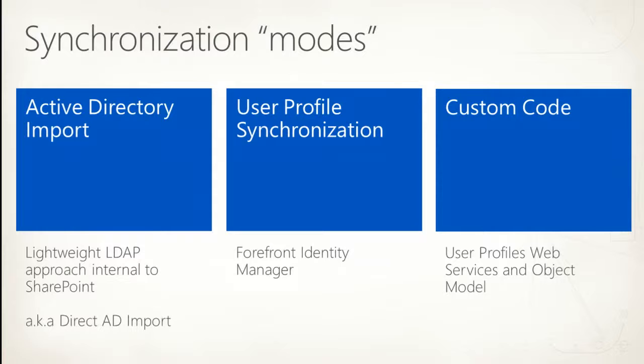So we've made some improvements in the programmatic capabilities to enable us to do more interesting things in terms of provisioning via custom code. Now, I'm not going to talk too much about this because this is obviously an IT pro session, but this shouldn't be overlooked, certainly in the planning aspects, especially if you're dealing with a large number of line of business systems. This may be very helpful as part of that project.